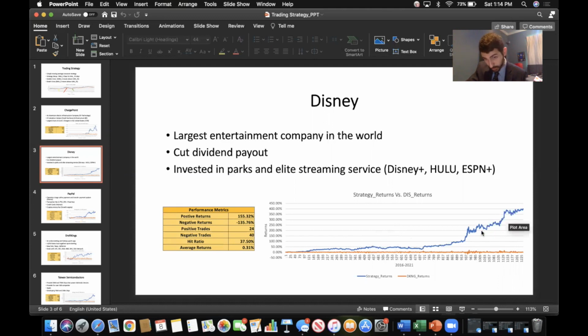But around right here, where it starts to gradually increase, Disney cut their dividend payout and the stock started trading a little more volatile. If we look at our stop losses right here, it was a profitable investment, but we did face a lot of loss, a lot of negative return.